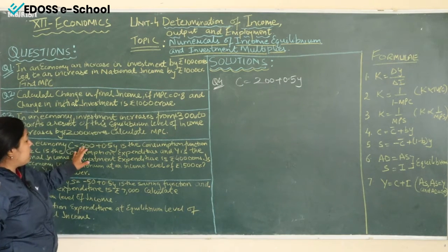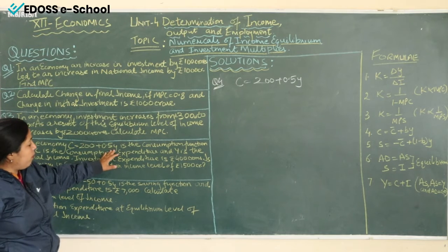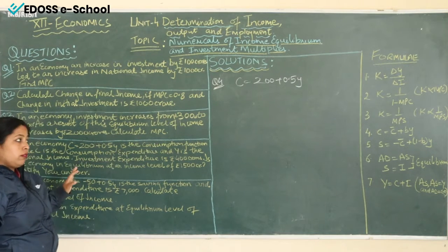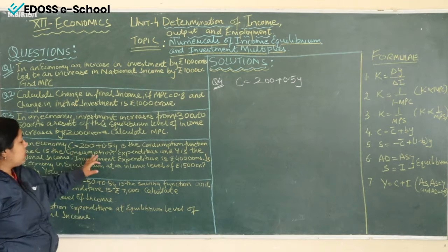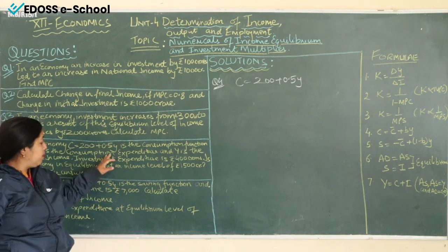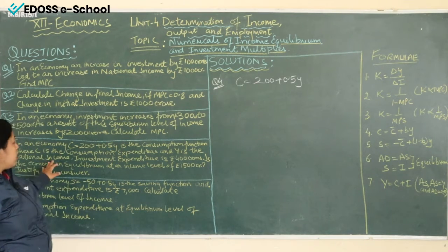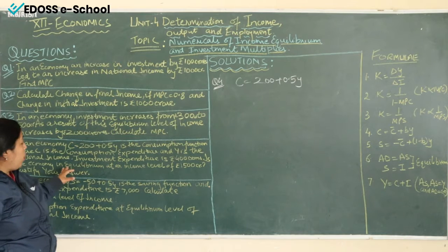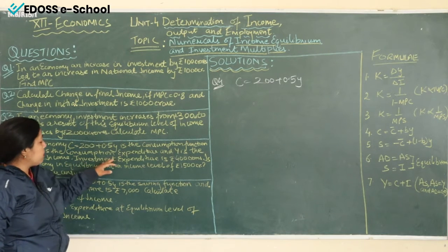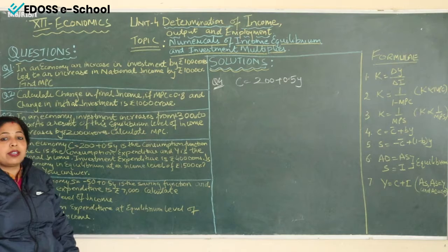In an economy, C is equal to 200 plus 0.5 y is the consumption function, where C is the consumption expenditure and y is the national income. What it further says? Investment expenditure is rupees 400 crores.